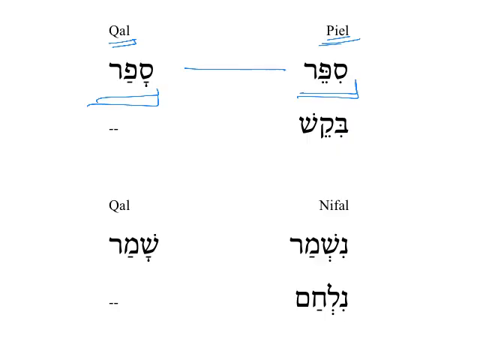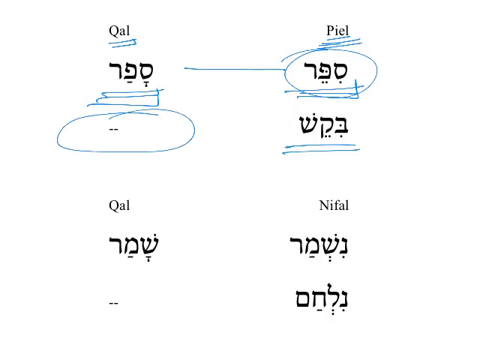So here we have a more intensive meaning with the Piel, and so we have a deeper sense to it, count and recount. But with the word bikesh, there is no Qal form of bikesh. Therefore, we don't make any special sense to it. It just means he sought or he was seeking, something like that. So we only have the more intensive when there's both a Qal and a Piel form.